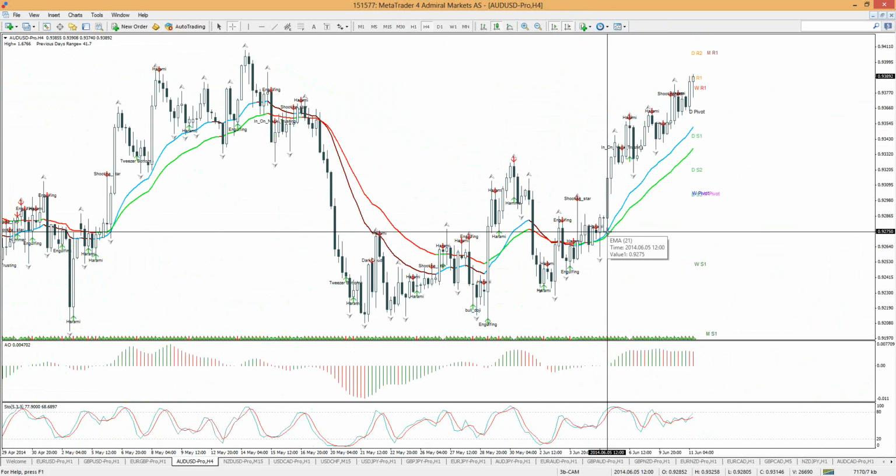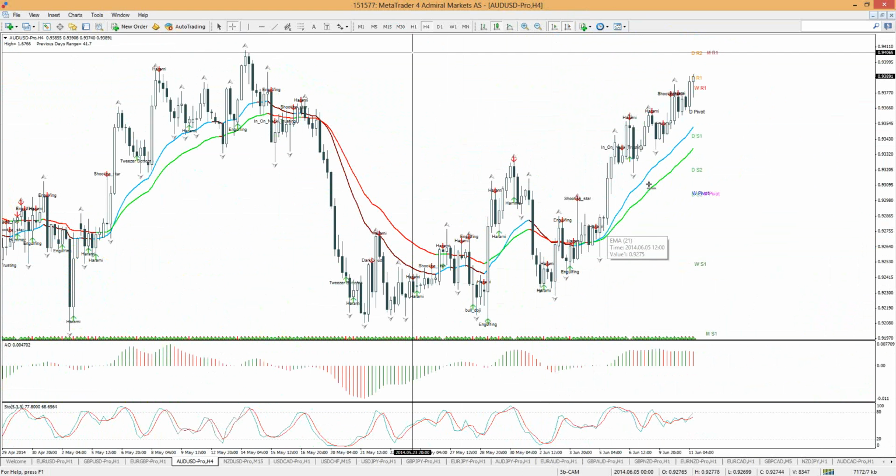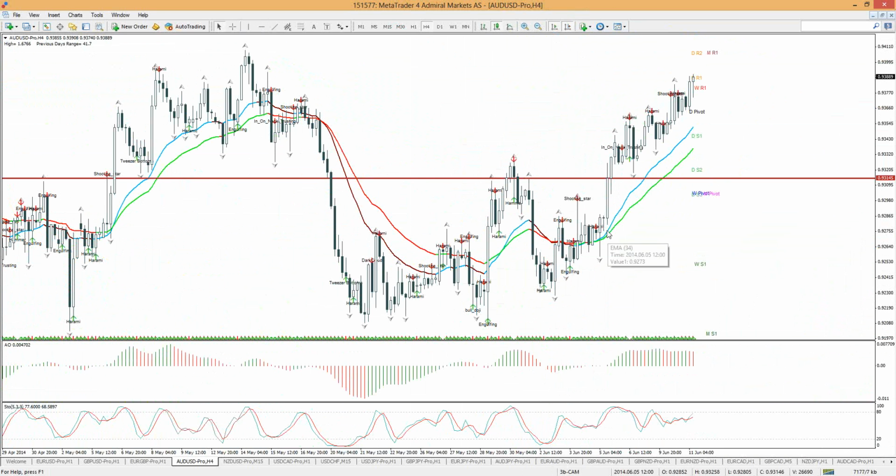The parabolics and Tenkan were saying an entry here in the 4 hour chart. And you can see that we don't have the Camarilla levels at that point in time, but the moving averages were very bullishly aligned at that point on the 4 hour.